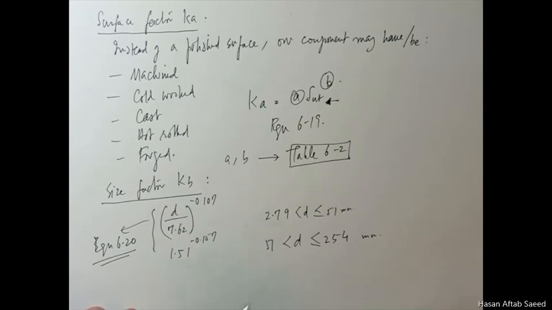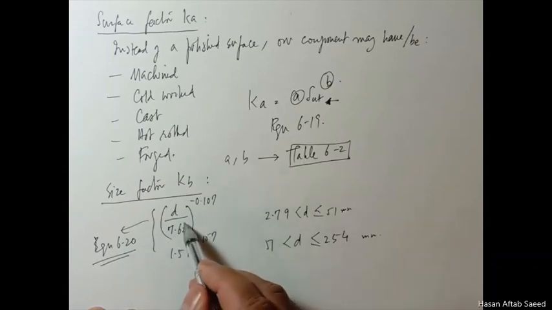Now there is an interesting case in which this KB can have a value which is greater than 1. And when should that value be? If you have diameter less than 7.62, then because there is a negative sign here, you will get a value of greater than 1.